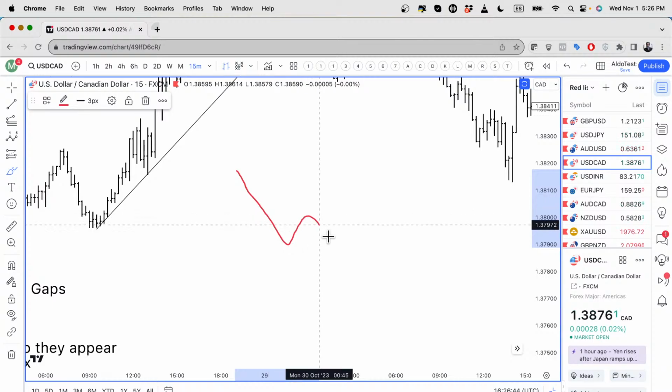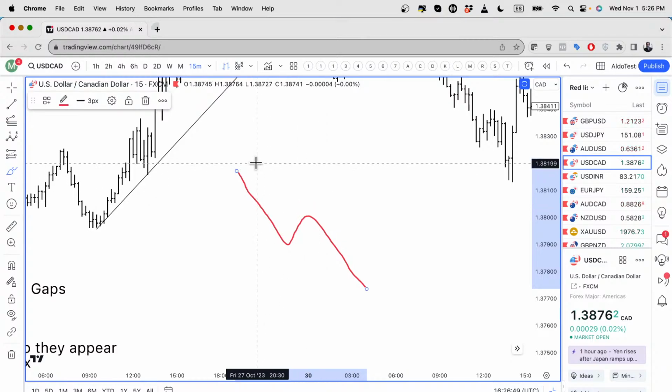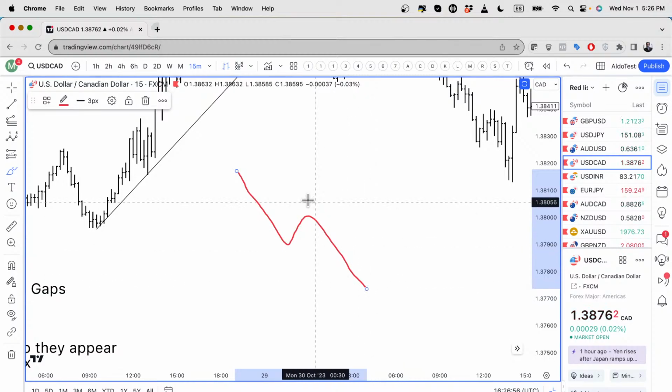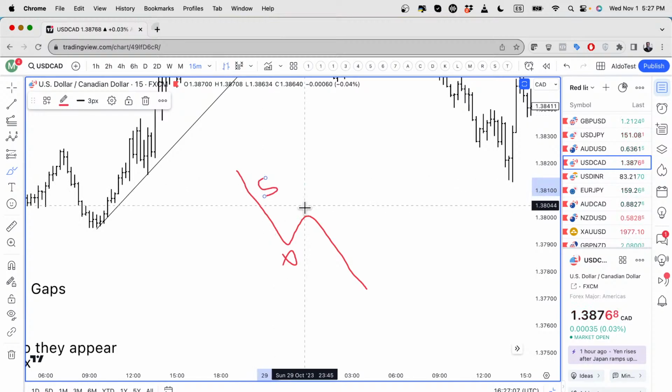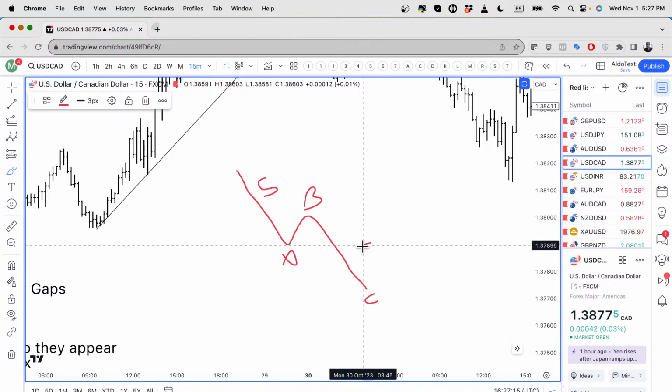Let's say that the correction is to the downside, just to keep the whole bullish perspective. So this zigzag has a particular formula. Remember, it is a 5, 3, 5. In other words, wave A, in this case, will have 5 legs. Wave B will have 3 legs, and wave C, right here, will also have 5 legs.